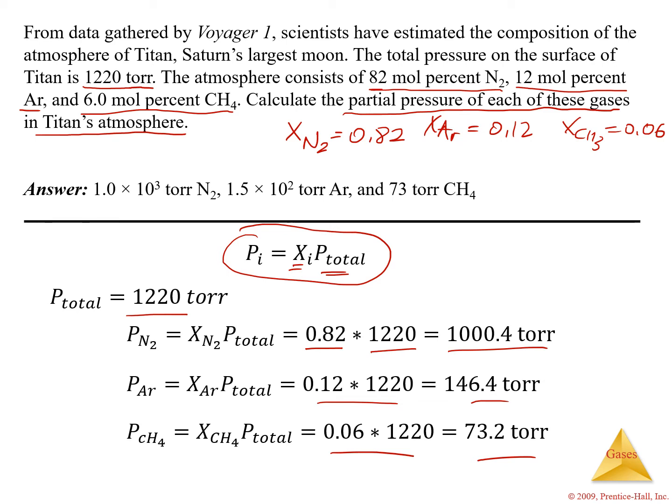And of course, that corresponds to the answers here. Notice the units of torr remain. I didn't convert this just because that total pressure is given in torr units. And because of that, we have torr. As a practice, you can actually convert this to atmospheres if you want.